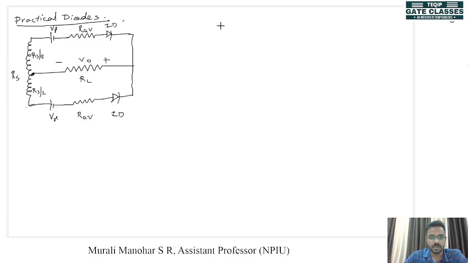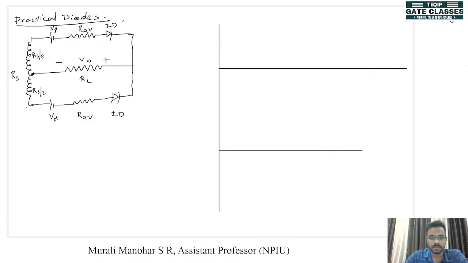Now let's see how the output looks like. This is V in, this is V out, and this is load current IL.